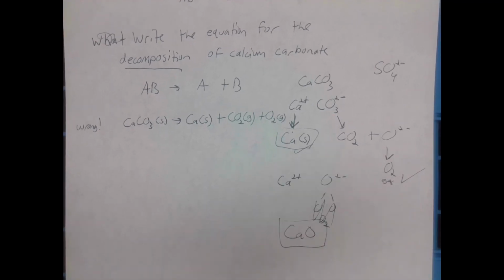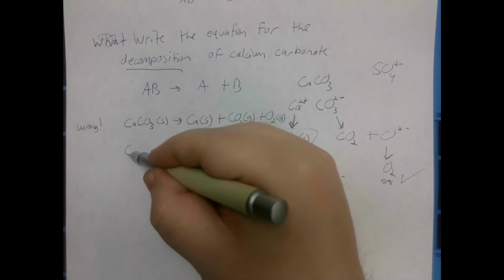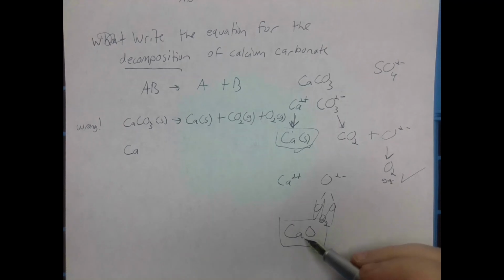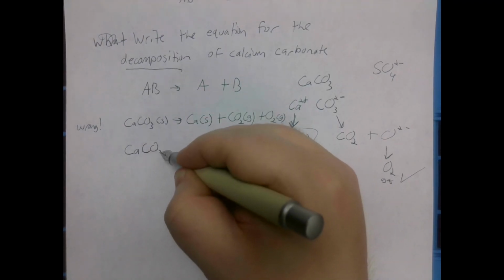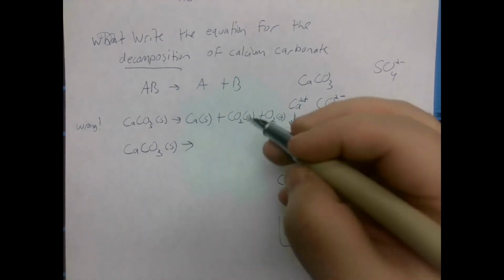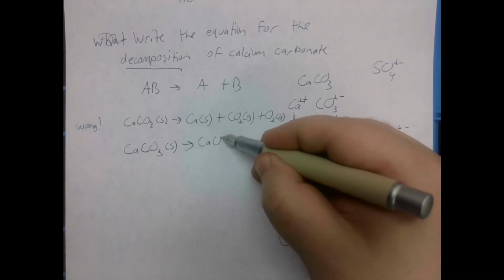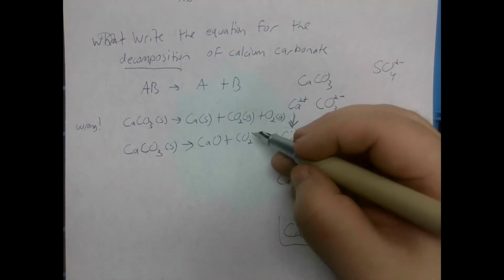Calcium oxide. This is an ionic compound. So the real equation is CaO plus CO2.